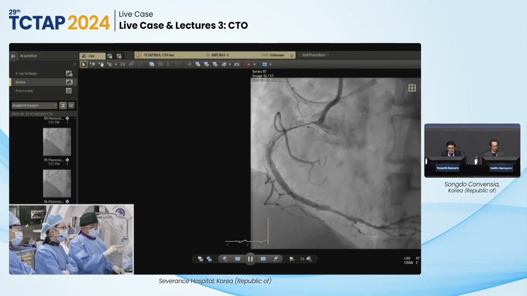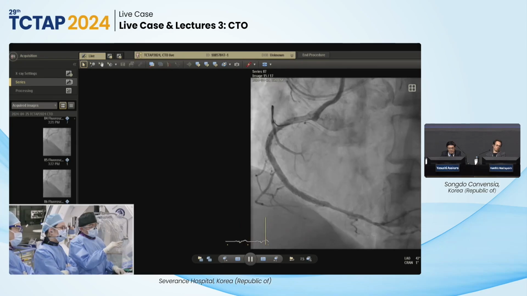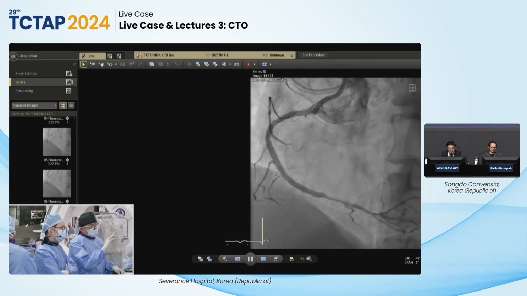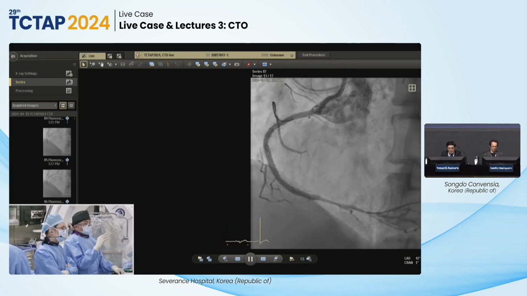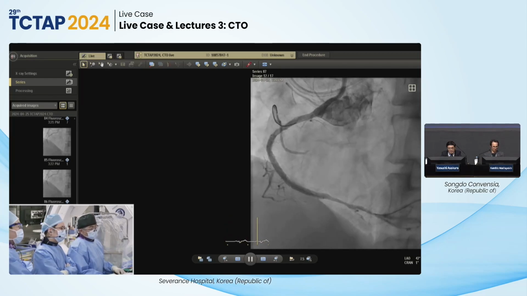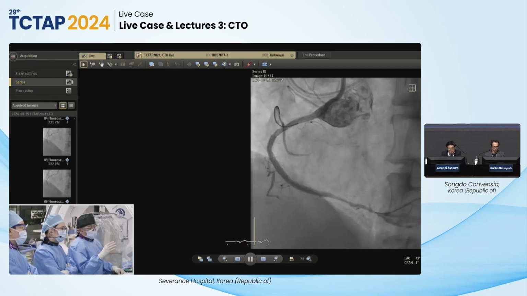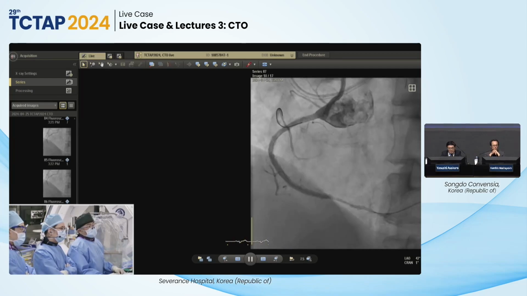And then this is the 3.0. So maybe one more, a slightly larger stent, implanted. After that, we evaluate again the distal RCA portion. So what do you think, Kambis?